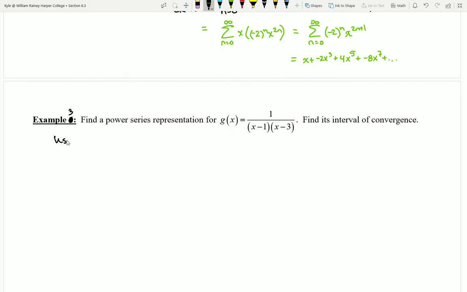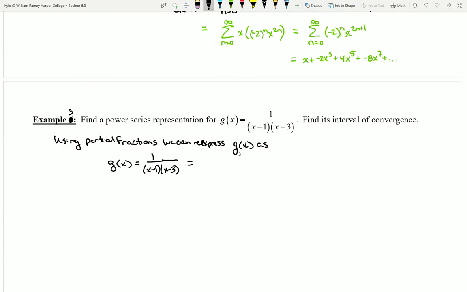I'll go ahead and write this. Using partial fractions, we can re-express g of x, which is equal to 1 over x minus 1 times x minus 3.